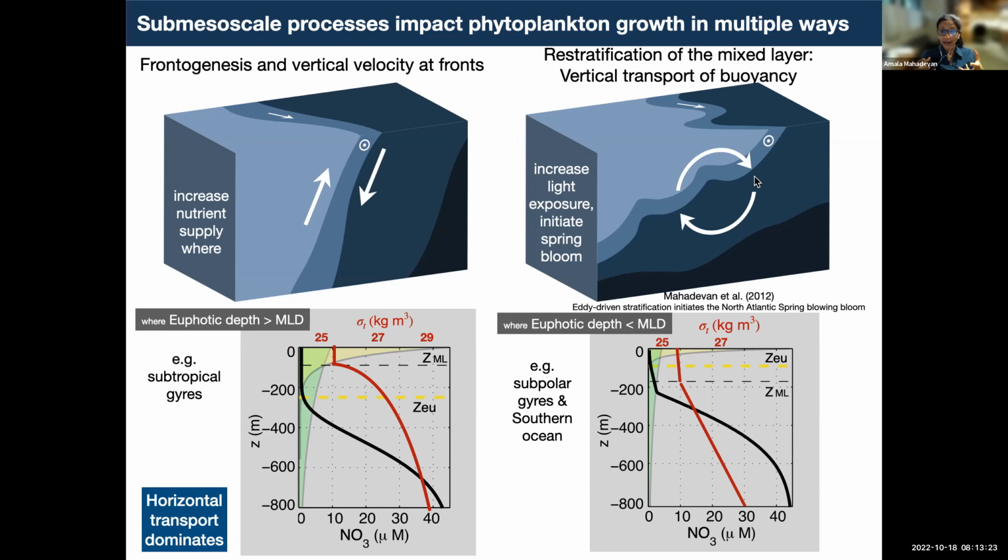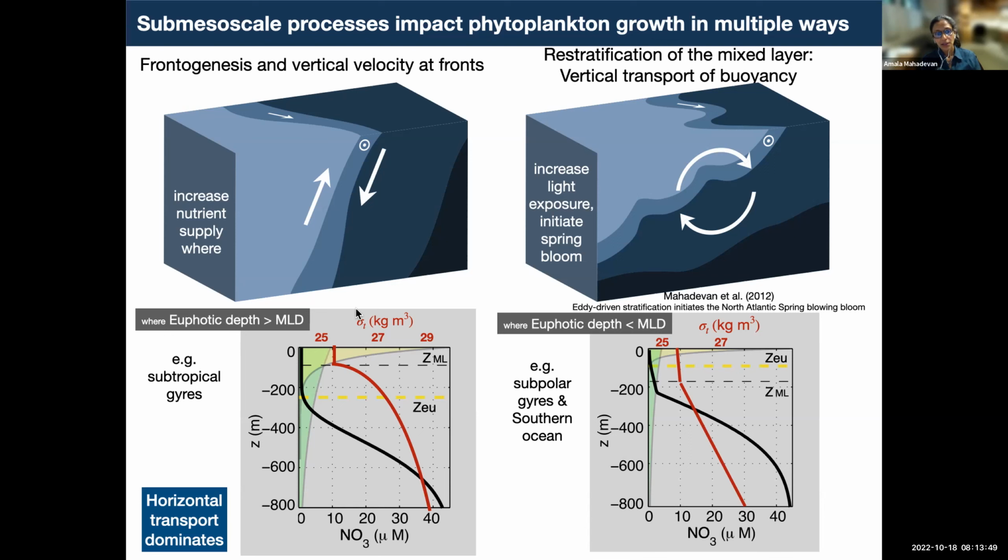So in places where you have deep mixed layers, the re-stratification, or the reorganization of buoyancy in an adiabatic sense, causes lighter water to move over denser water, re-stratifying the front and changing the depth of the mixed layer. So because phytoplankton are responding both to light and nutrients, both of these scenarios can be important.